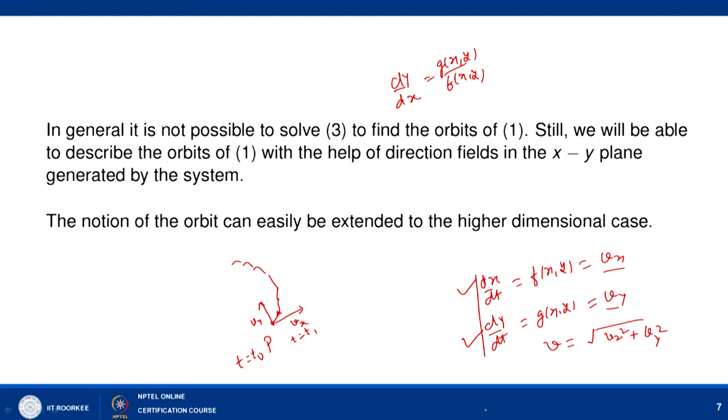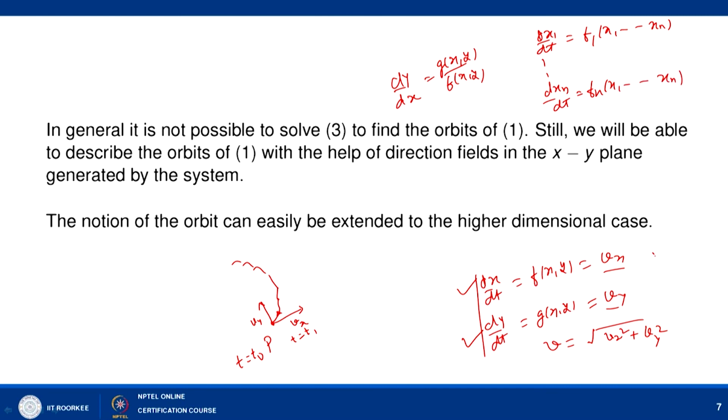And in this way this notion of the orbit can easily be extended to the higher dimension case also. It means that if we have the higher dimension case, we have dx1 by dt equal to f1(x1 to xn), up to dxn by dt equal to fn(x1 to xn).